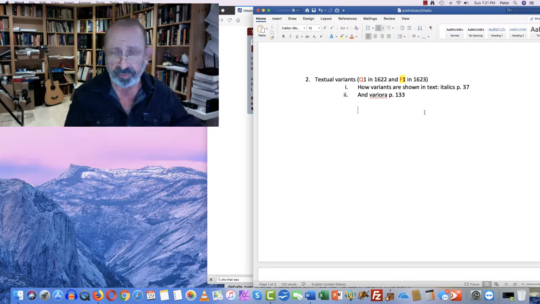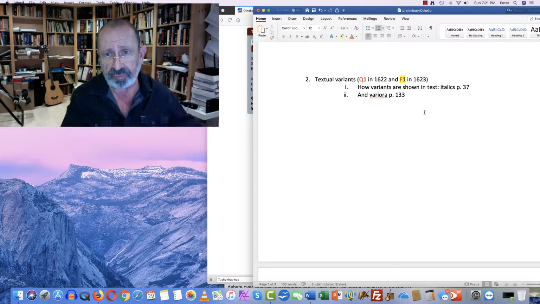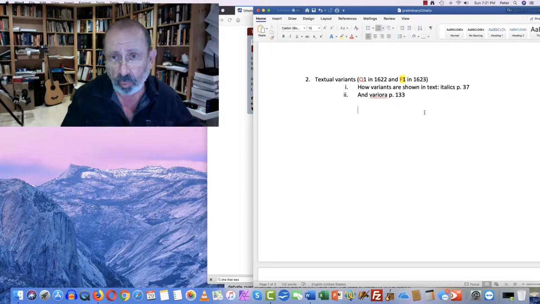The problem is that F1 is missing quite a few lines that are present in the quarto, but not present in the folio. So what our editors have done is, not silently, but explicitly, in making this composite edition, have used italics to show us where text occurs that was in the quarto only. Let me put it to you one more way so that you're clear on this.